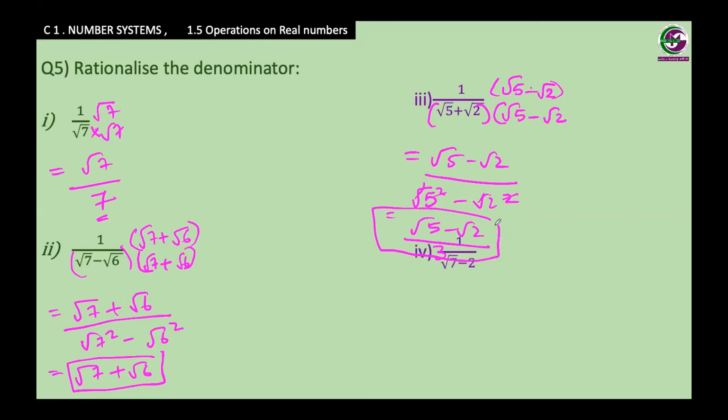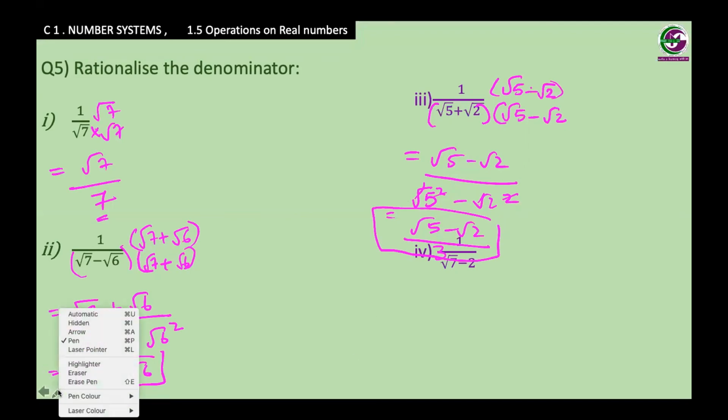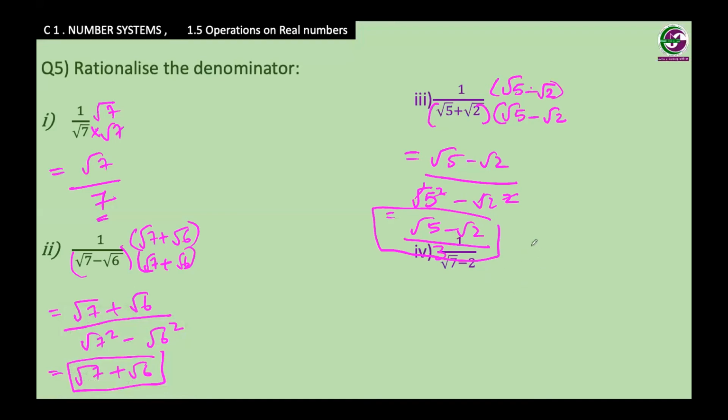Is that okay? Next question is 1 by root 7 minus 2. Again, we have to take the conjugate of this. So here, what's the conjugate of 1 by root 7 minus 2? Root 7 plus 2 in the numerator and in the denominator.